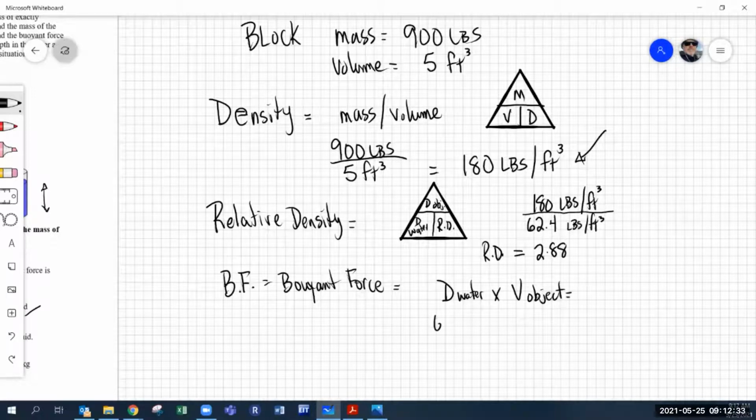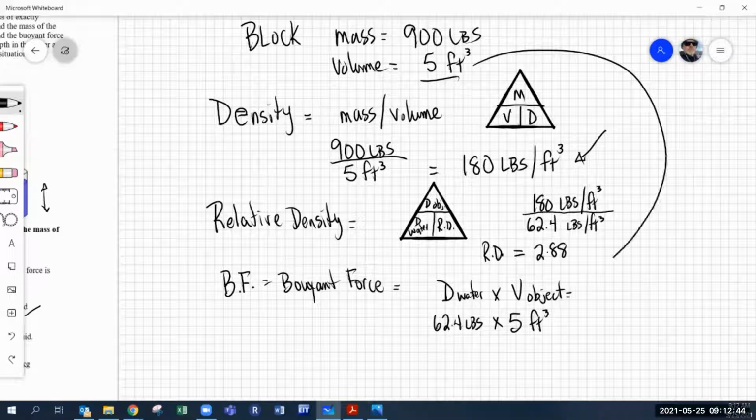So the density of water is 62.4 pounds per cubic foot. The volume of the object is 5 cubic feet, from the top, right there. And now the buoyant force pushing up on this object is 312 pounds.